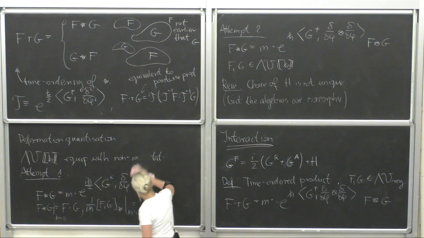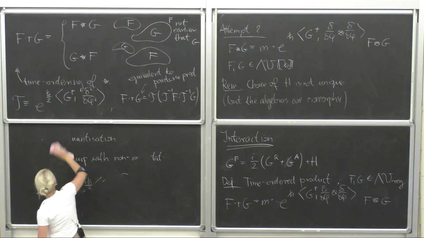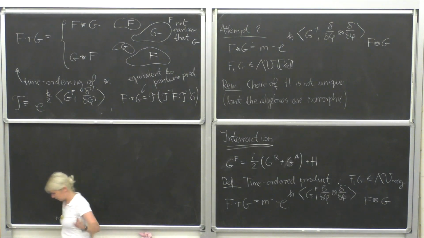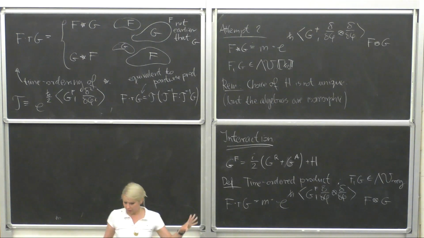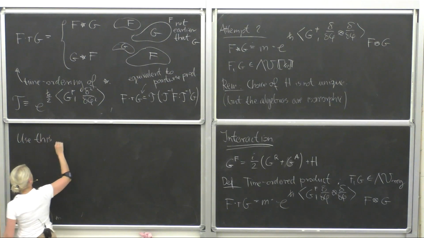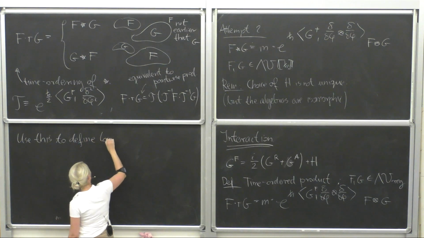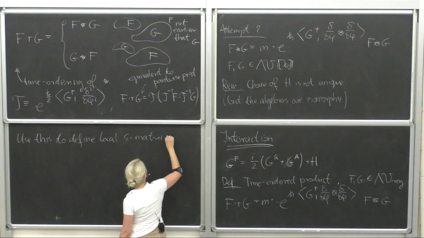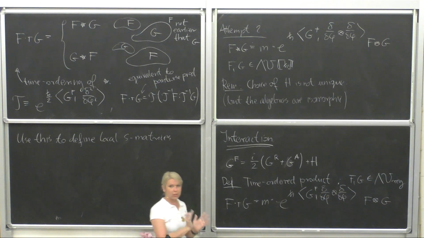All right. So what do I want to use it for? I want to use it to define something that I announced at the beginning, namely the local S matrix. So use this to define local S matrices. Okay, so again, we are looking at these interactions with a cutoff.